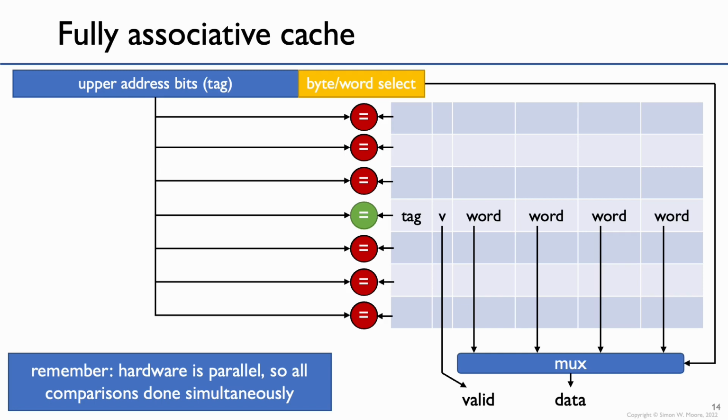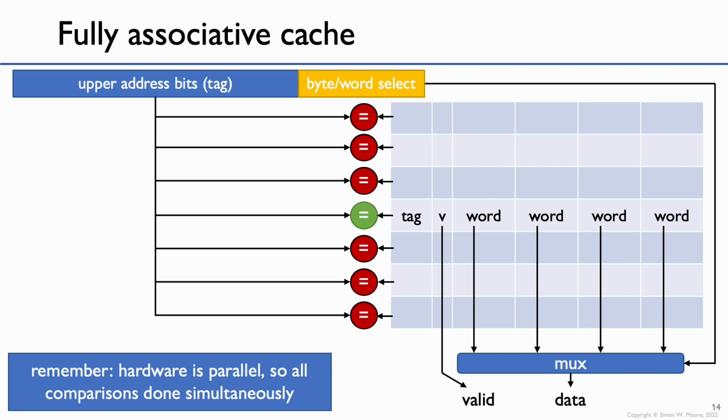Nevertheless, having all these comparators is quite a cost. So actually fully associative memory is generally just too expensive if we've got a larger cache memory.